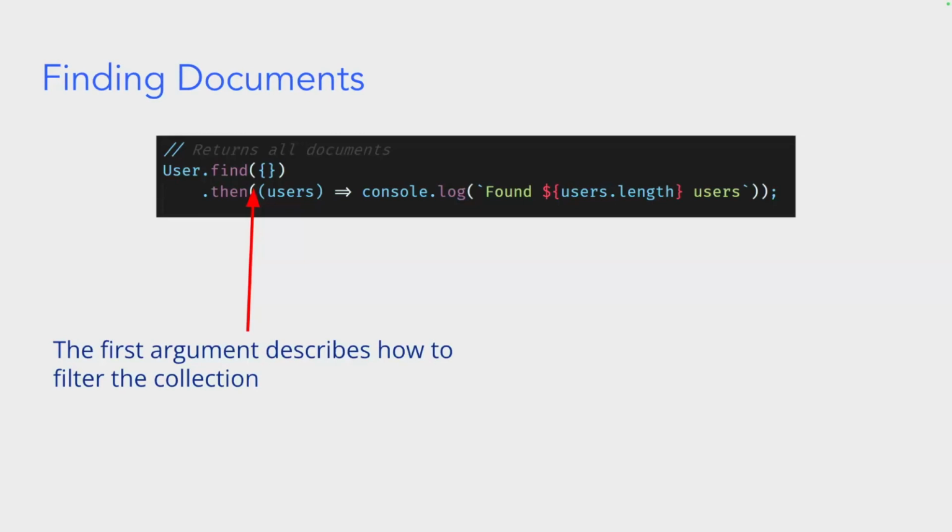Find returns a promise because, again, it's slow to talk to the network and read a file. So we're going to make sure we can do other work while waiting for that to happen. But once we have back our data, given the users, we log how many users we found. That's because we just want to show that we got back the data. You can do basically anything with the users array if you want.